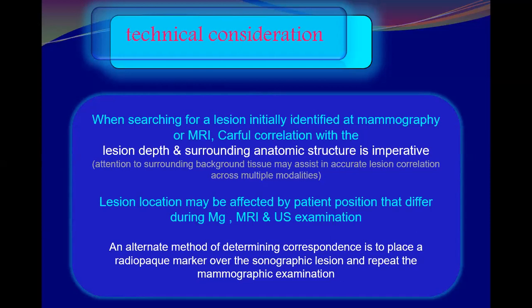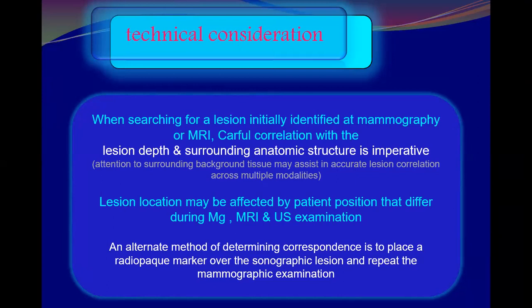If the lesion is surrounded by fat, I expect it to be surrounded by fat. If embedded within fibroglandular tissue, I expect to see it in the other, because some rotation from one modality to another occurs, and you don't always expect to find it.